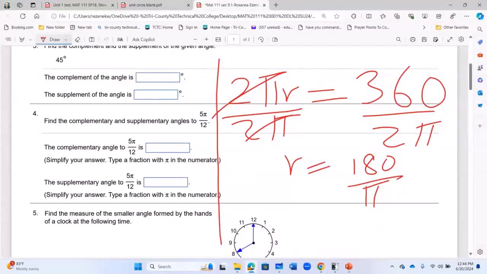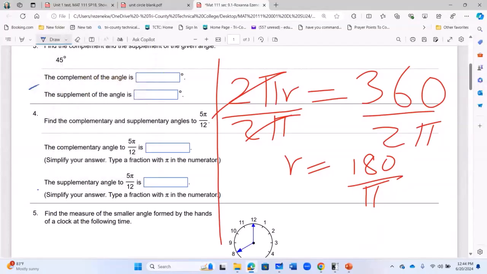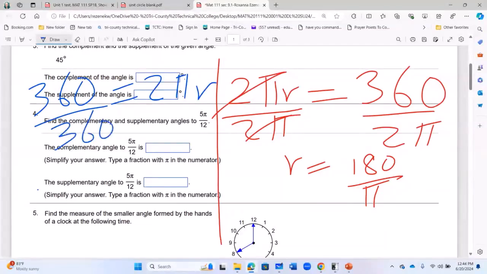So suppose I'm told to convert from degree to radian. I already know that 360 degrees, I'm going to start from 360 here, is 2 pi radian. So if I divide both sides by 360, I get 1 degree is equal to pi over 180.